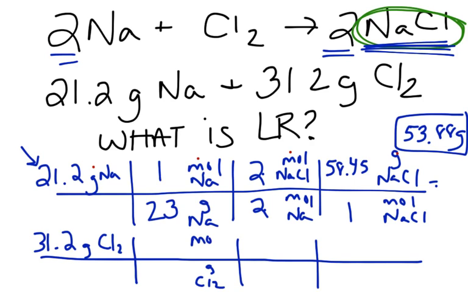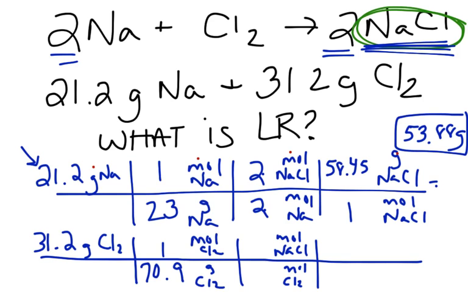I know you're excited about this. I'm going to go from grams to moles. 1 mole of chlorine, it's 35.45, but it's diatomic. There's 2 of them. So my molar mass is 70.9. Then I'm going to go from my moles of chlorine to my moles of my salt, my NaCl, because again, I want to know with this many eggs and this much brown sugar, how many cookies can I make?